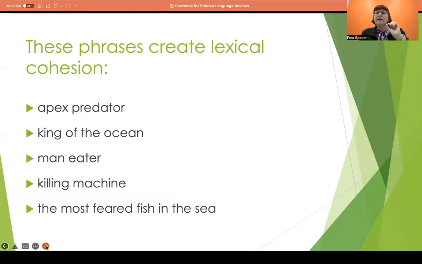Every time a new subject comes up, so apex predator, killing machine, man-eating shark, children with language difficulties think that is another different character. So it's really important to teach them about lexical cohesion because it's used a lot in good quality literature, but children don't understand that it's all related to the one character.